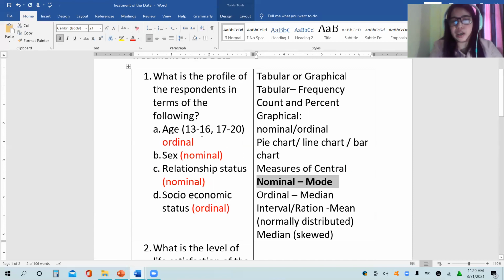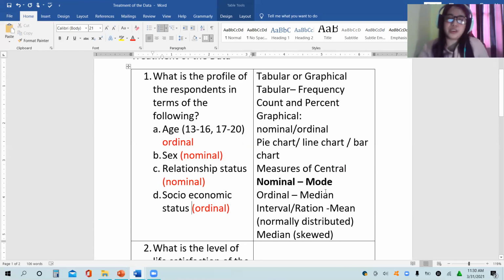So actually, for socioeconomic status, it is the median. If we do not consider it, we have just a few brackets for age, so it can be presented as nominal, and then the appropriate measure is the mode.